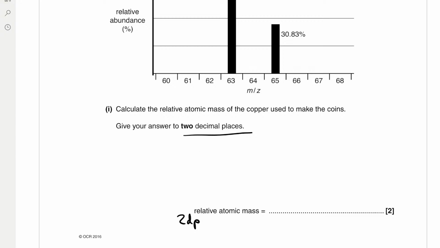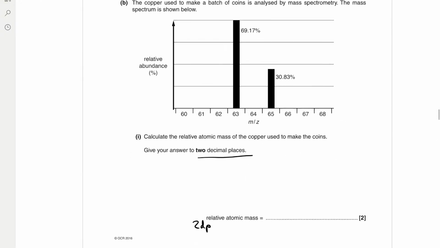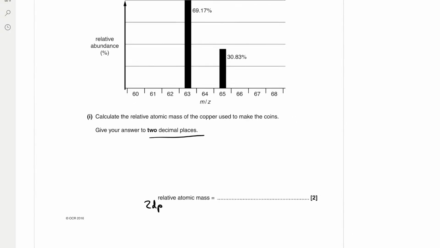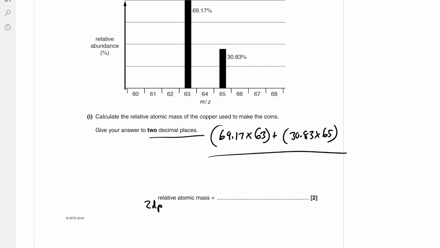And then that means we need to do 69.17 multiplied by 63 plus 30.83 times 65. So that's our sum of the abundances multiplied by the relative isotopic masses, divided by the sum of the abundances. So that's going to be 69.17 plus 30.83.